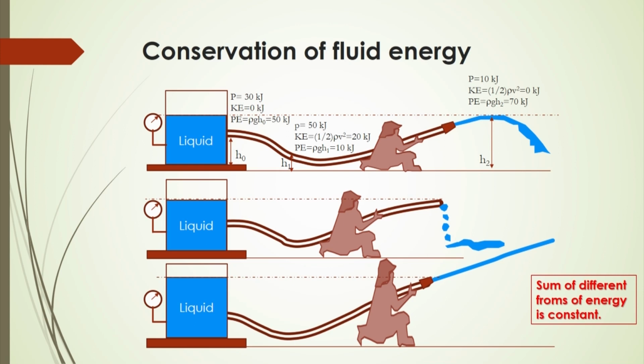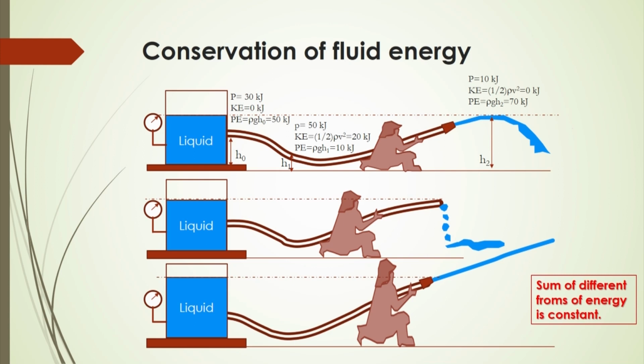Potential energy is maximum at the top point, where there is no velocity, so the kinetic energy equals 0, while the pressure energy is of a certain extent.